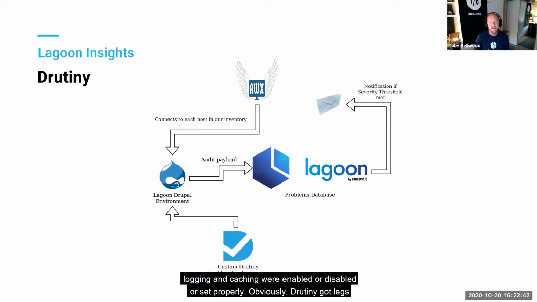Obviously, Drutiny got legs inside Acquia and is broadly used throughout Acquia. Sean's now at Amazee.io, but he doesn't do so much on Drutiny these days. But Drutiny is a really fantastic tool for being able to identify policies and document policies that should apply to sites, collect those policies together in a profile, and continuously test Drupal sites against those profiles and report any outliers or any issues with those.